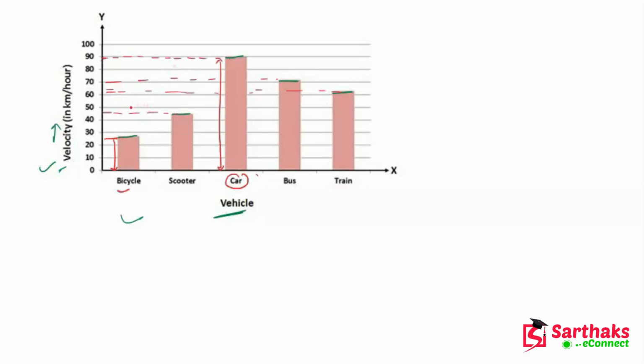So we can compare the quantities like this. The highest velocity is 90, of the car, and the minimum velocity is 25, of the bicycle. This is the way to compare the quantities.